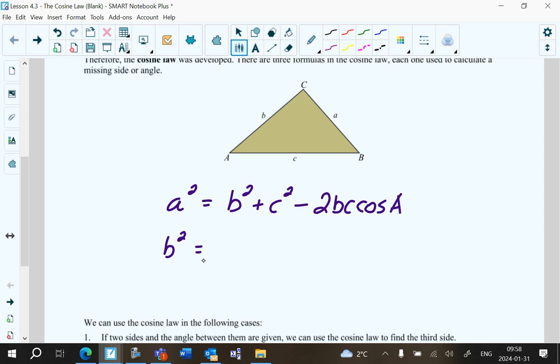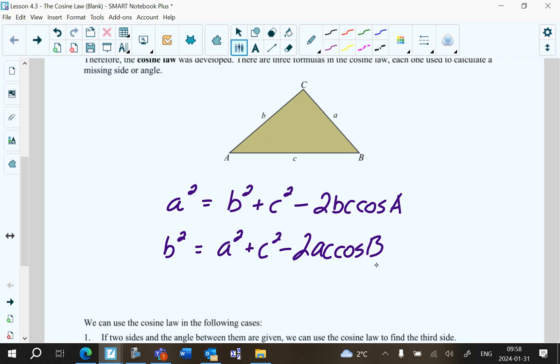What would be the formula for that, now that you know this one? a squared plus c squared minus 2ac cos B. Good.